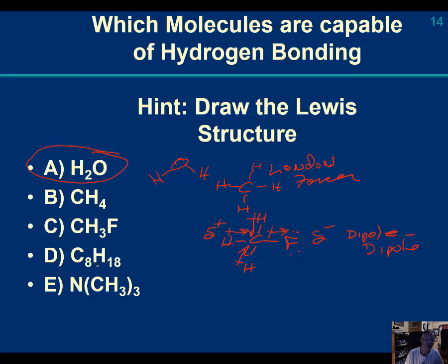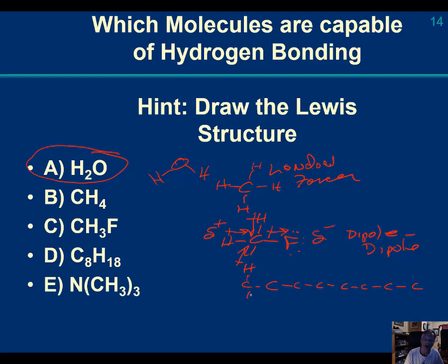This is C8H18, this is octane, and this is a big non-polar molecule. I'll just kind of draw a skeleton of it. You've got 8 carbons strung out here, 1, 2, 3, 4, 5, 6, 7, and 8.